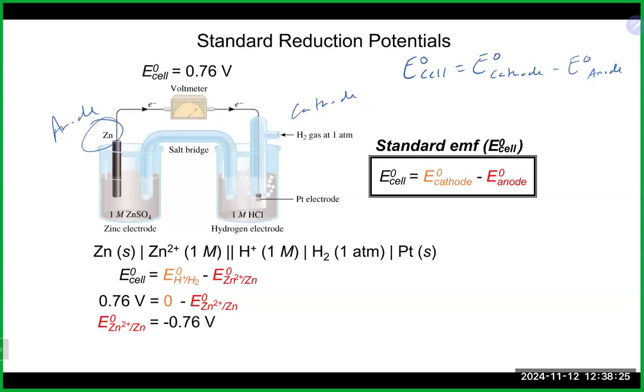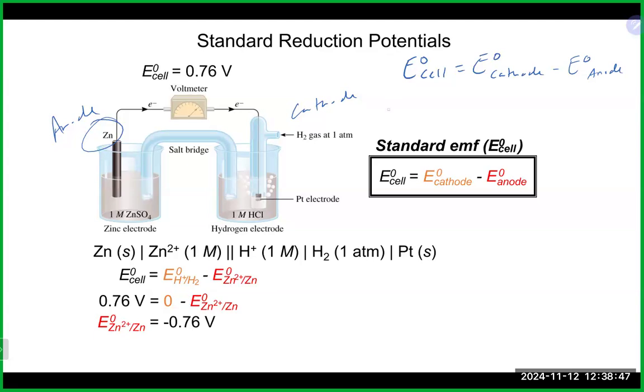If you go to the table and look up the values for zinc and hydrogen, you should leave the signs exactly the way you find them and subtract the two values. Now, if you want to be correct, one of the values that you would find in the table should actually be reversed, and it should be the oxidation reaction, and that will change the sign.